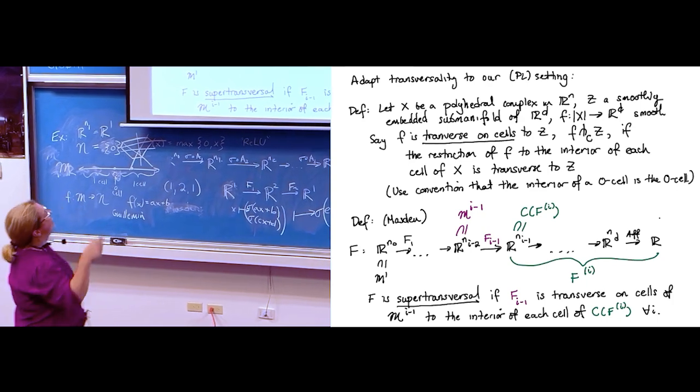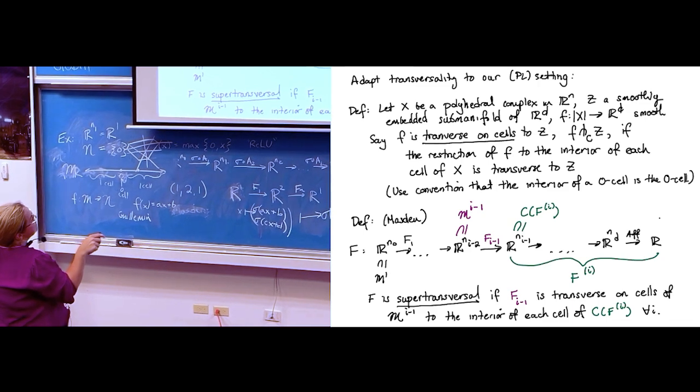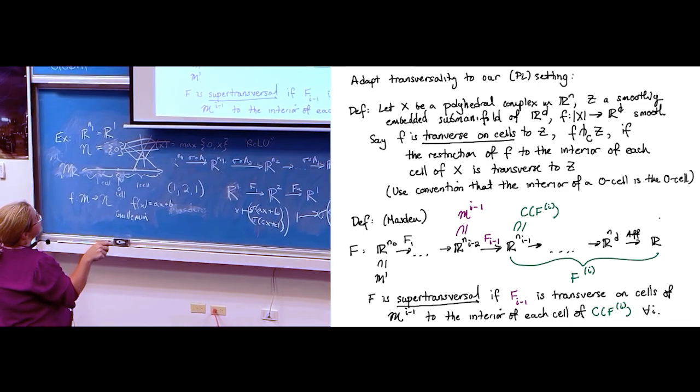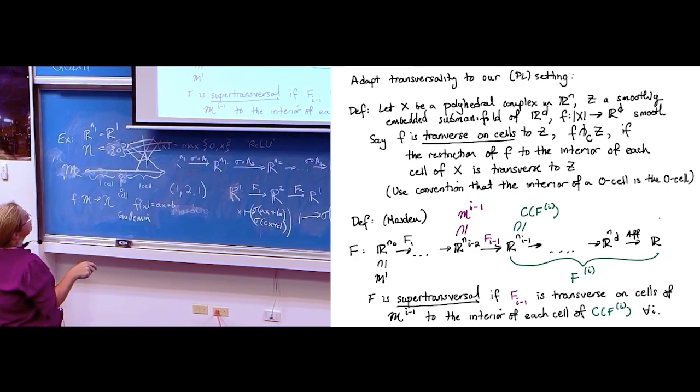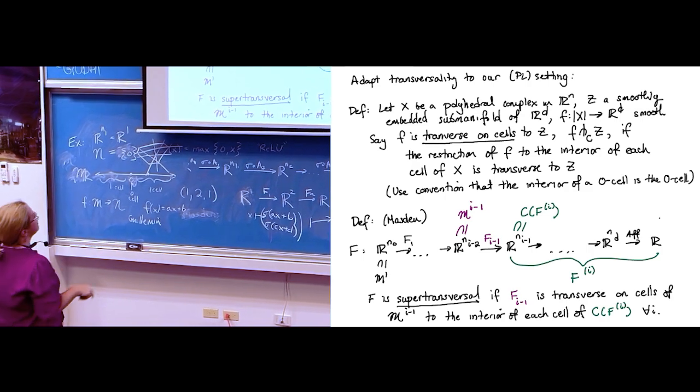Let me read it. Yeah. So let X be a polyhedral complex in R^n, and Z a smoothly embedded submanifold of R^d. And then if you have a map F that goes from the domain of X to R^d that's continuous, sorry, that should say continuous, not smooth.